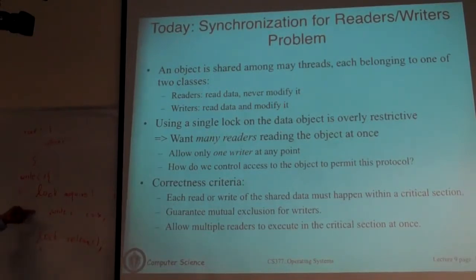We say that if there's a writer actually writing, you shouldn't let this happen. If there are no writers, this code is fine. Okay, yes. Can you say if there is no lock, then you can read? So you're saying if there is no lock, I'm going to generalize that by saying if there is no writer. Right.